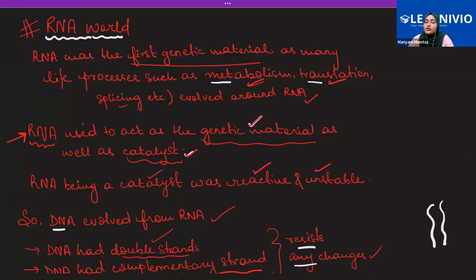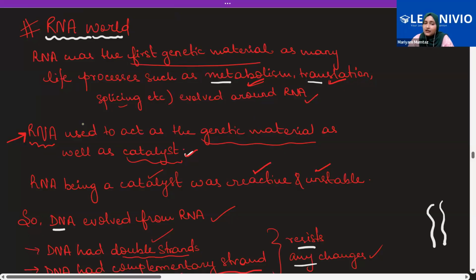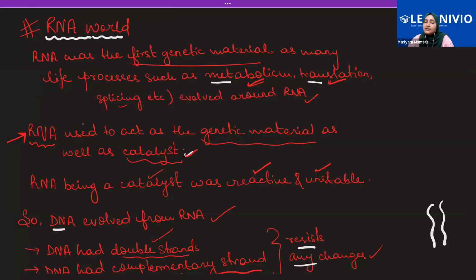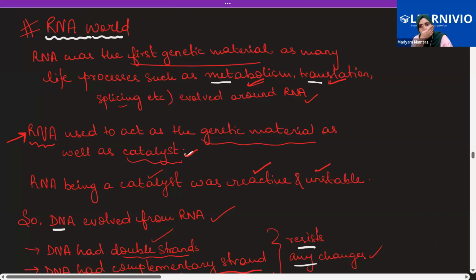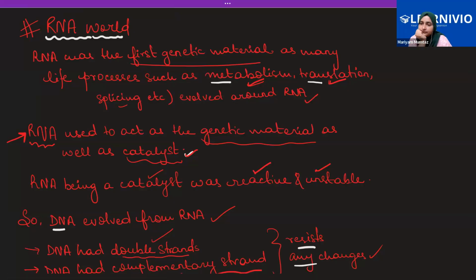RNA used to act like a genetic material, but since RNA is so reactive, it acts like a catalyst. What is a catalyst, students? A catalyst increases the speed of reaction. Yes, it increases the rate of the reaction and lowers the activation energy. So RNA is a catalyst.